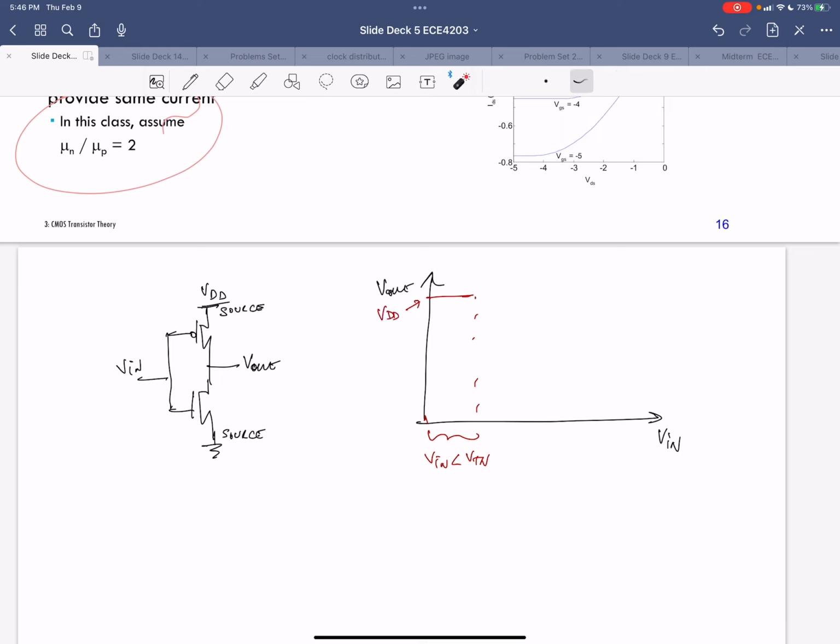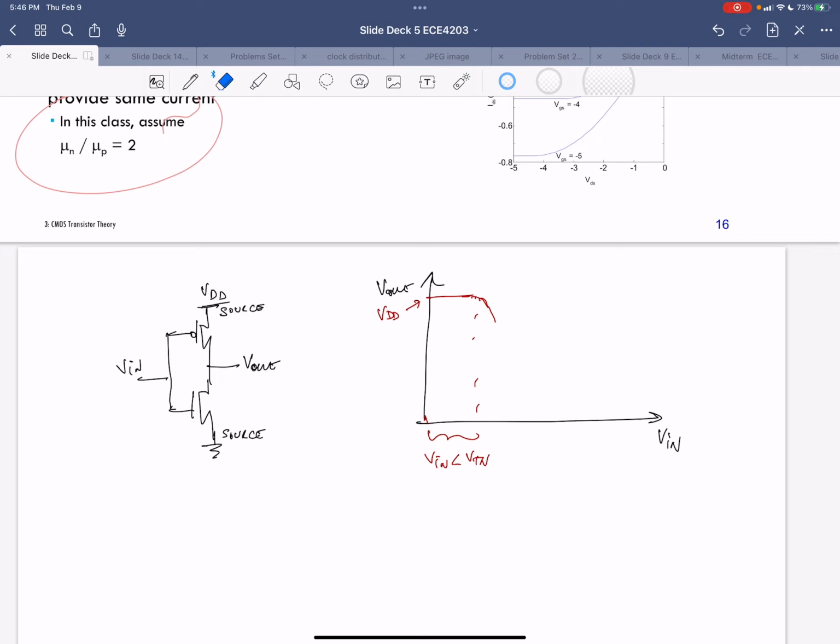And then gradually, as this voltage goes higher and higher above the threshold voltage, I'm going to start turning the NMOS on. And the PMOS is still on, so they're both on at the same time, but the NMOS is starting to turn on, so it's pulling this node down. So my V out is going to start drooping down.